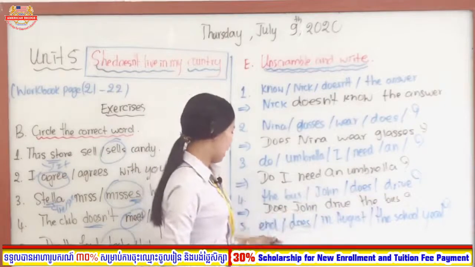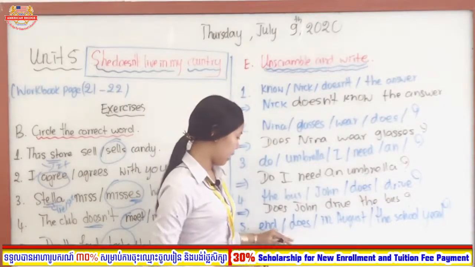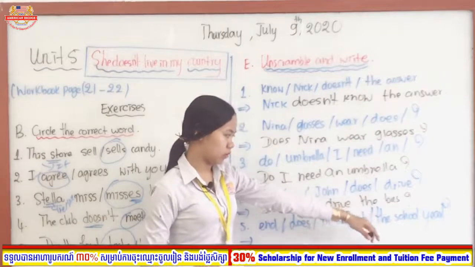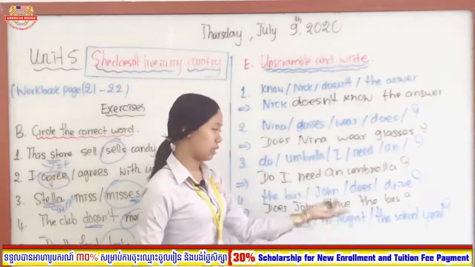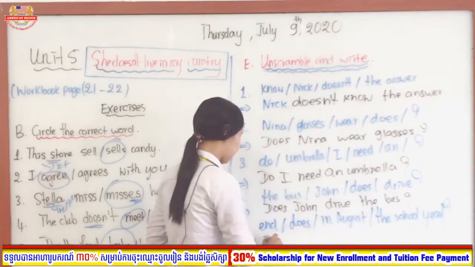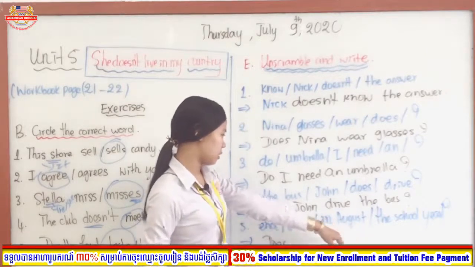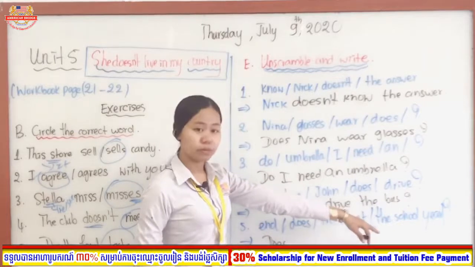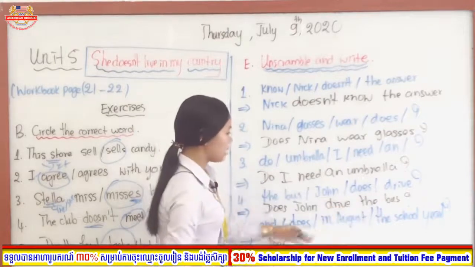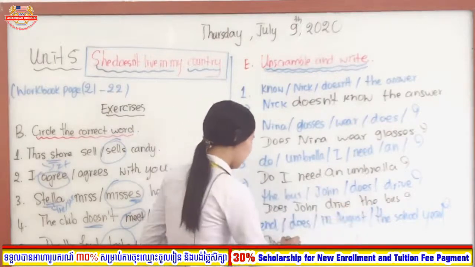You see? And how about number 5? We have does, in August, we have the school year. So it's also in the question form, which we have to put first, and then we need to find the subject here. So does the school year, very good.